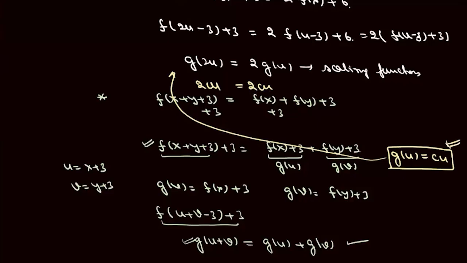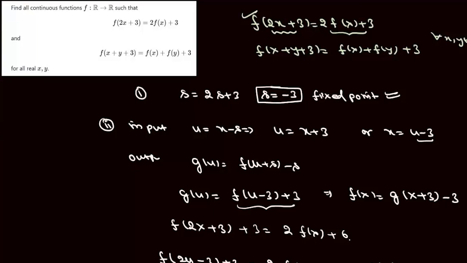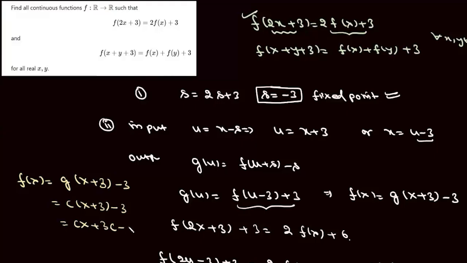So this solution satisfies this equation 1. Now we'll find f(x). So basically f(x) is g(x + 3) - 3, and g(x) is cx. So it will be c(x + 3) - 3, or simply cx + 3c - 3. So this function f(x) is given by cx + 3c - 3.